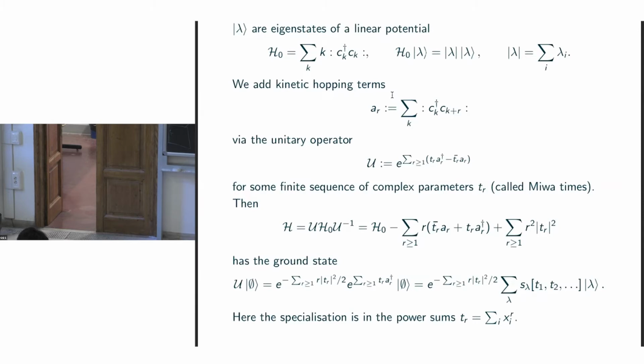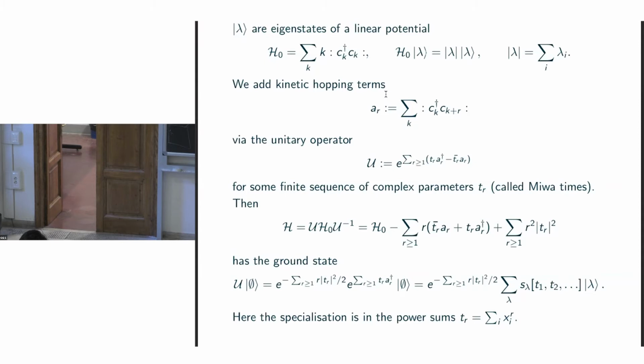And we'll add these via a unitary operator, which is this U, which is going to be the exponential of a sum of A_R dagger, which will have R steps to the right, with some complex parameters t_R, which for our sake we'll just always take to be finite, which has some kind of physical sense. We're never considering very long range interactions, only ever some finite range.